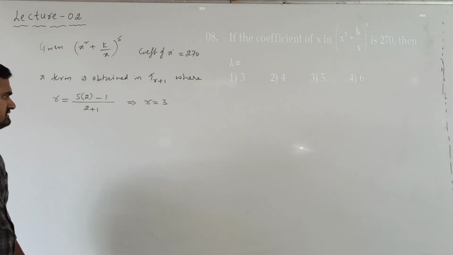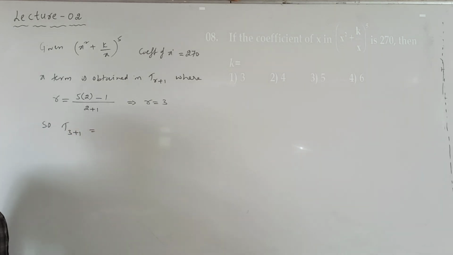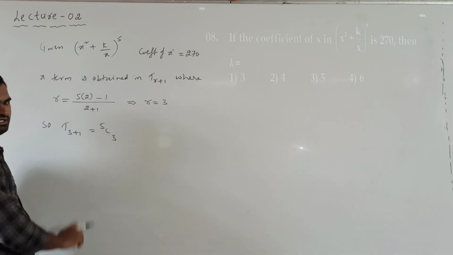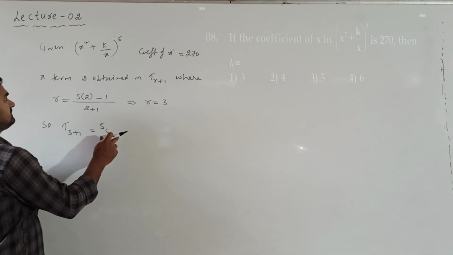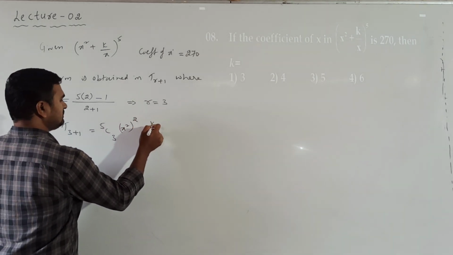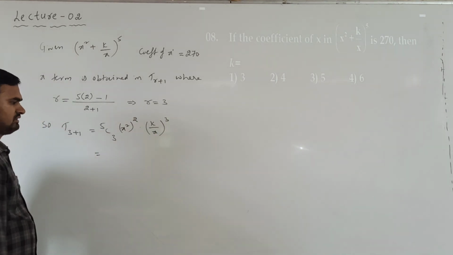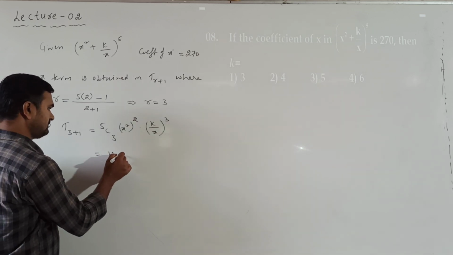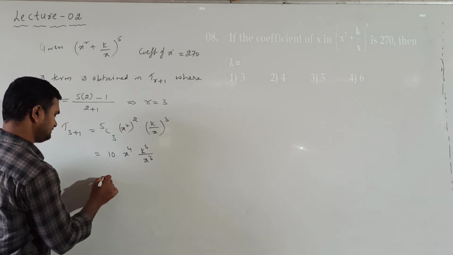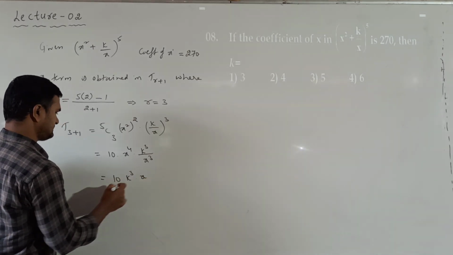So r is 3, which means t r plus 1 is 5C3. Expanding this in general form, 5C3 (x square) power 5 minus 3 is 2, into (k by x) power 3. So 5C3 or 5C2 is 10, x power 4 k cube divided by x cube. So it is 10 k cube into x.